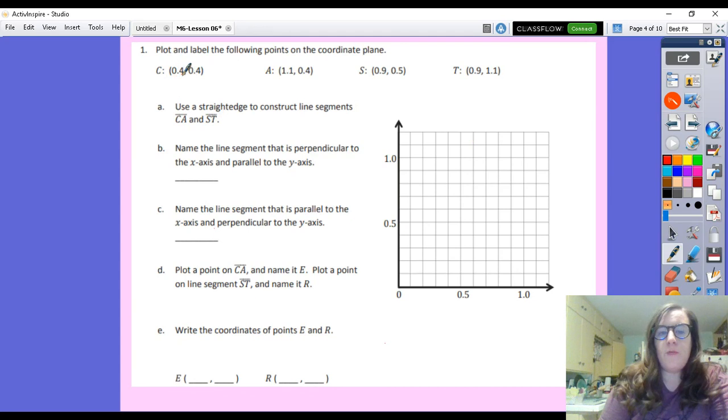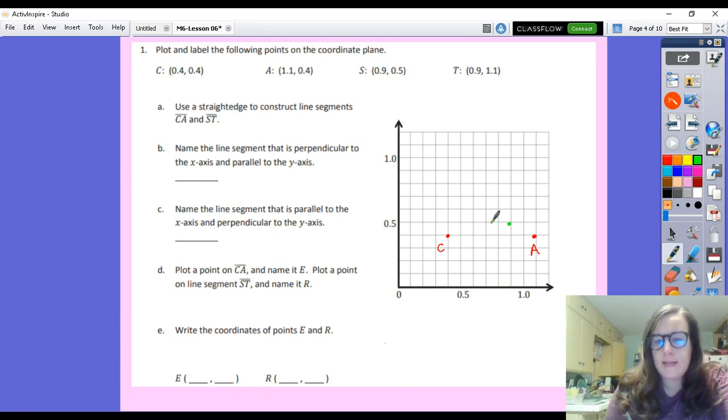I have C, which is 4/10, 4/10, so I'm going to go over 4/10 and up 4/10, and that's going to be C. Then I have 1 and 1/10 and 4/10, so I'm going to travel over on the x-axis 1 and 1/10, and then I'm going to travel up on the y-axis 4/10, point A. So now I'm going to be plotting S and T. So S, I'm going to travel over 9/10, and then I'm going to travel up 5/10.